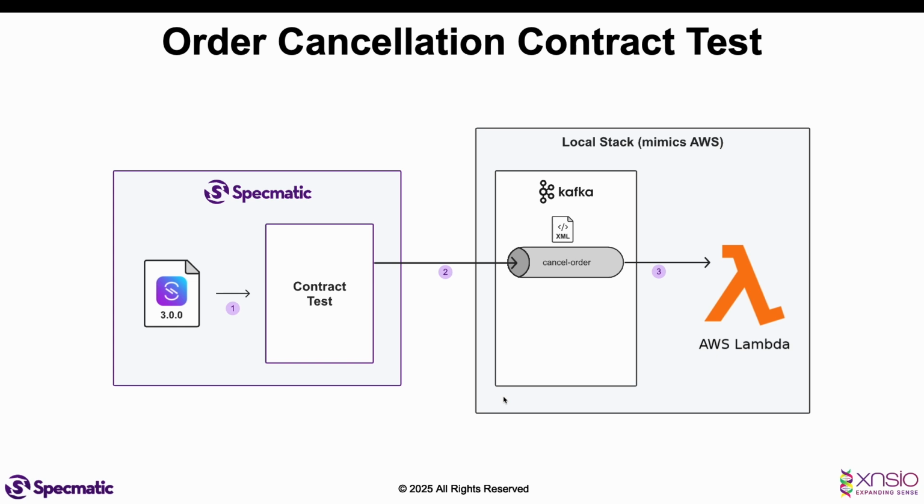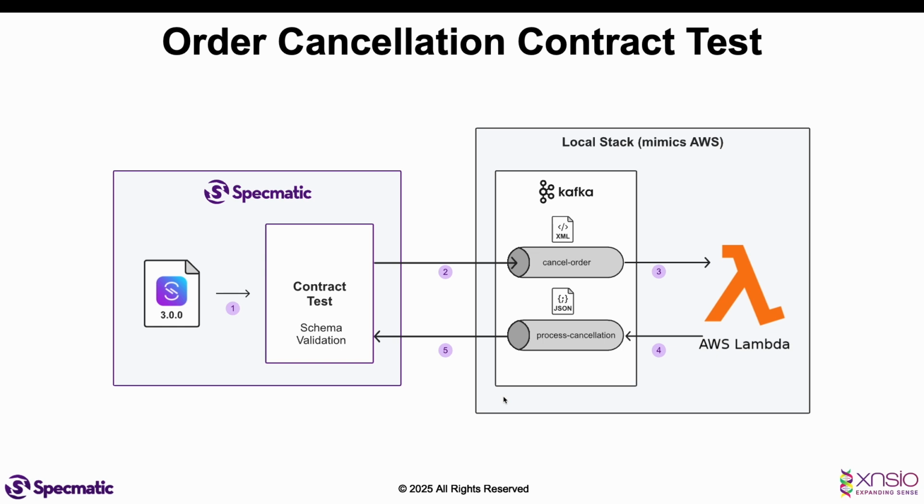Coming back to the Lambda function, once it receives the XML message, and if all things go well, it will reply with a JSON message on the process cancellation topic. This JSON message will also be pulled in by Specmatic. Specmatic will perform two checks at this point. First, it will ensure that the schema of the JSON message matches what's defined in the AsyncAPI specification.